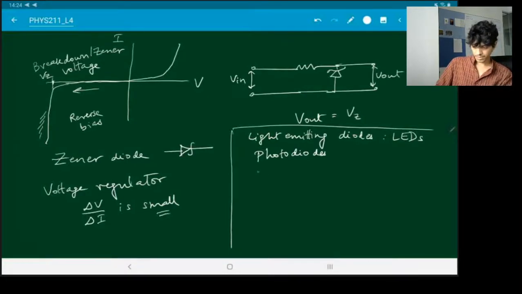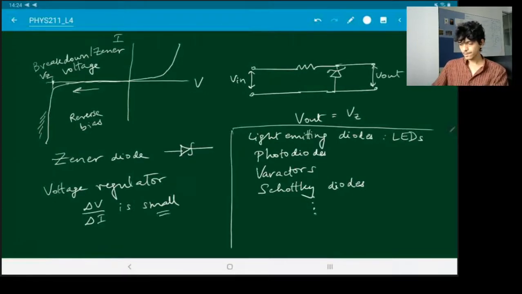Then there are special devices called varactors. There are Schottky diodes, etc. Look them up. They have very useful applications. LEDs, of course, you are familiar with. Possibly also photodiodes you may have heard about.